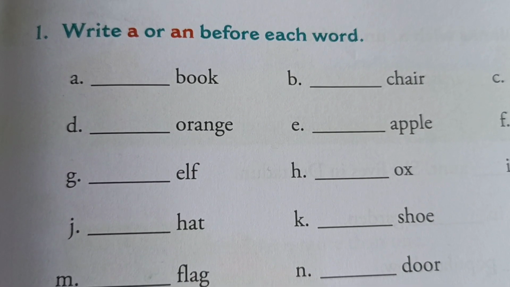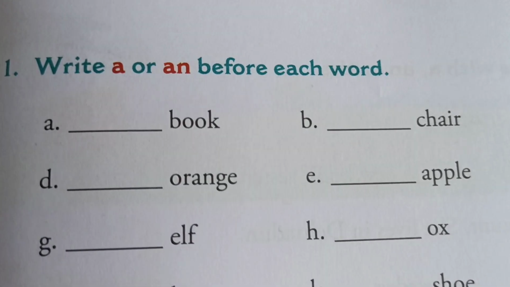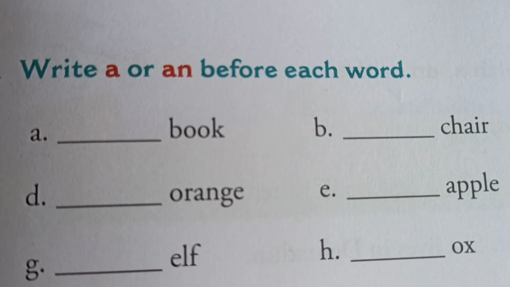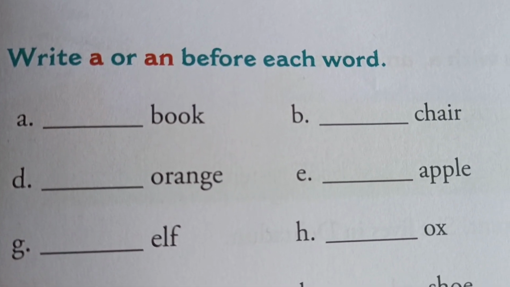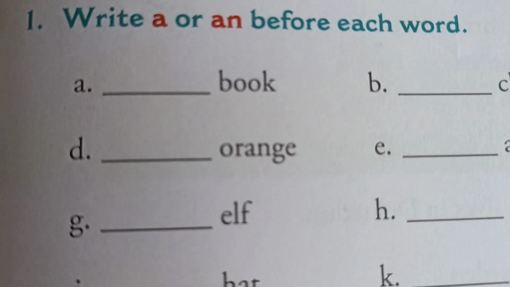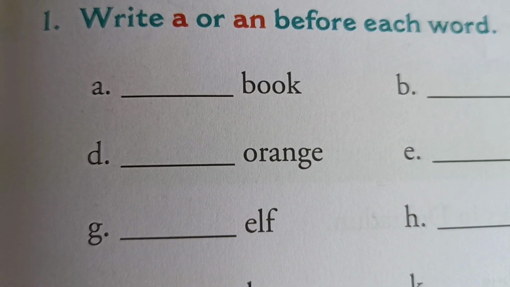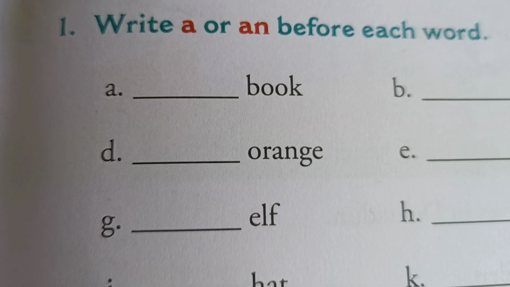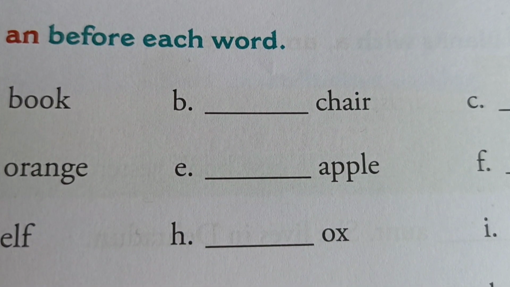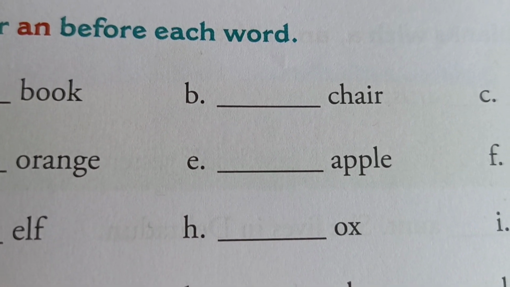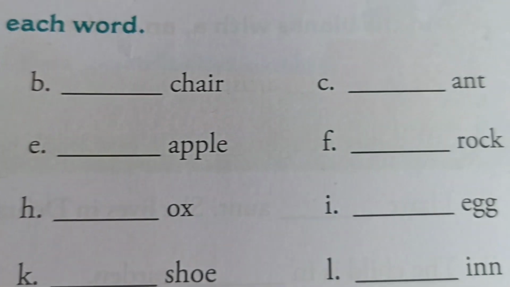Kids, then question answer time. Question first. Write a or an before each word. First one, book. B, this one a consonant, so a book. This one, chair, C, consonant, so a chair.